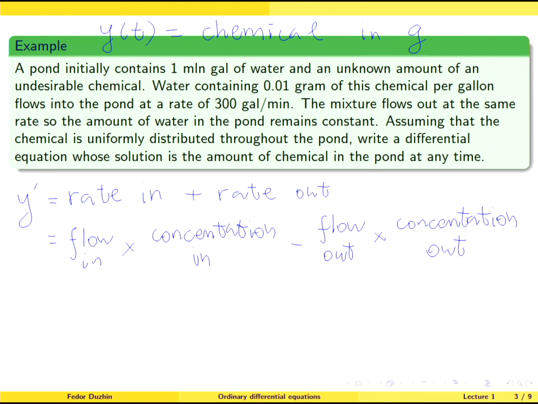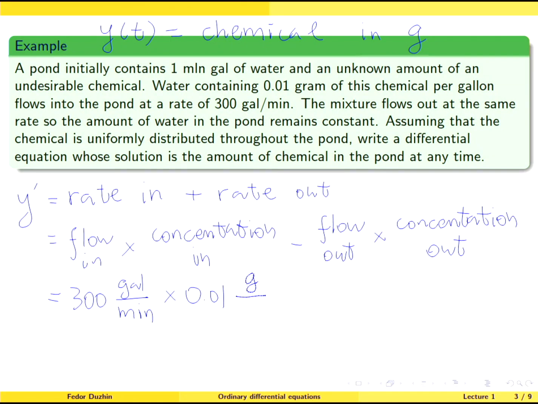Then I'm going to continue. What is the inflow? The inflow is given as 300 gallons per minute. What is the concentration of the chemical in the inflow of water? It is given in the question. It is 0.01 gram of this chemical per gallon.